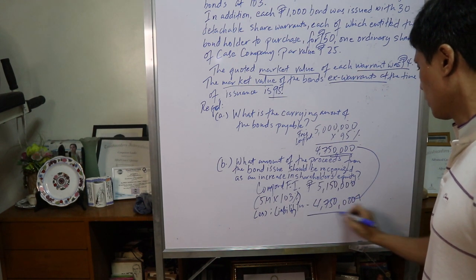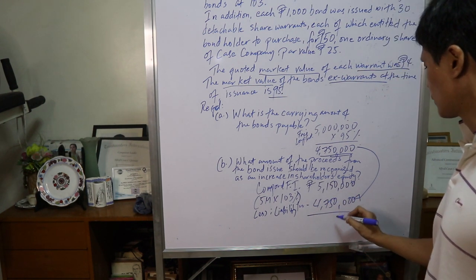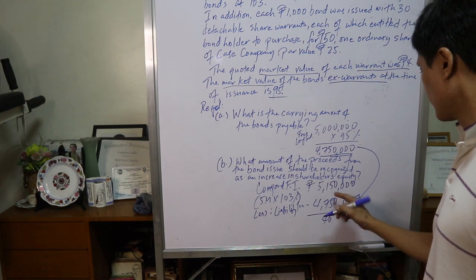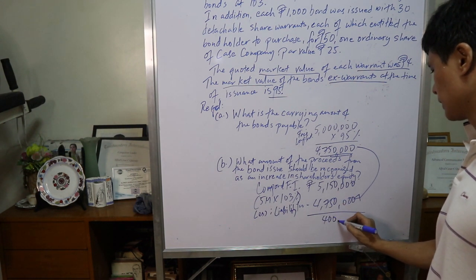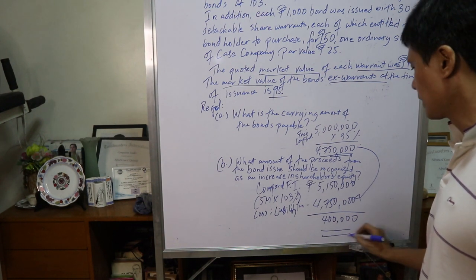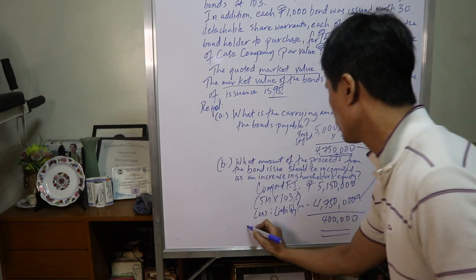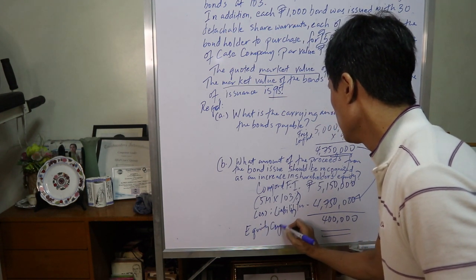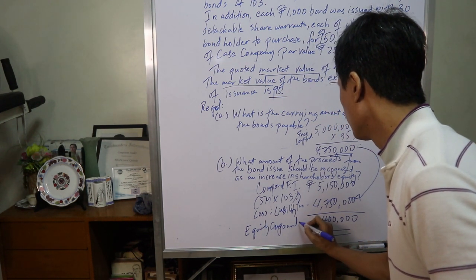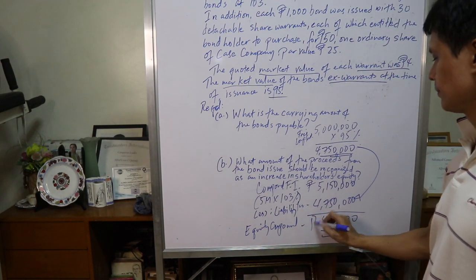Now, kunin lang natin yung difference. This would be 400,000. So 5,150,000 less 4,750,000 is 400,000. So this is an increase in equity. Ito yung equity component of the compound financial instrument.